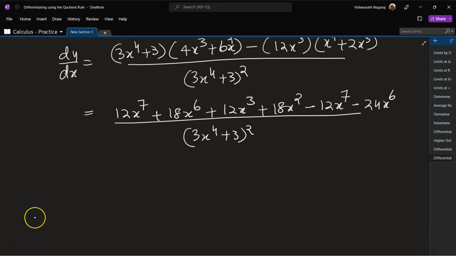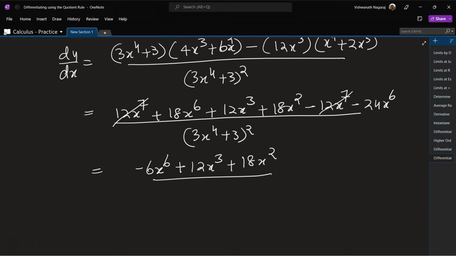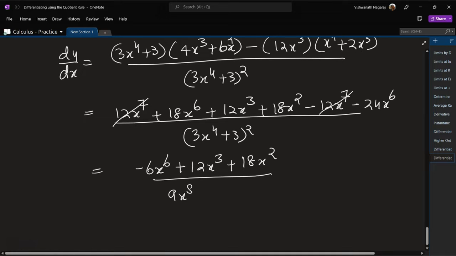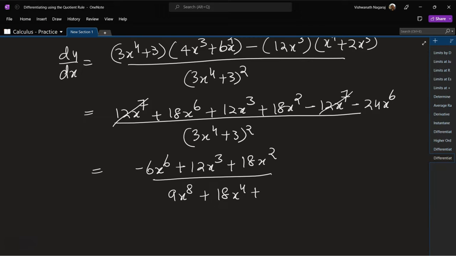Now 12x⁷ minus 12x⁷ cancels out. 18x⁶ minus 24x⁶ is minus 6x⁶ plus 12x cubed plus 18x square, divided by 9x⁸ plus 18x⁴ plus 9.